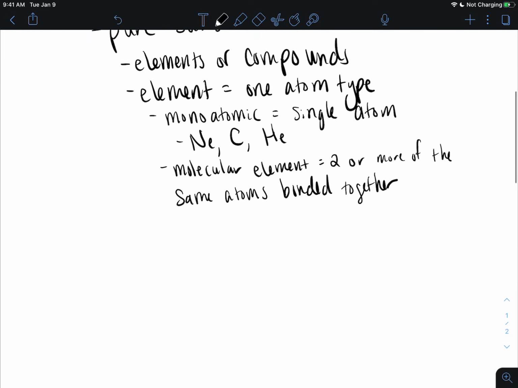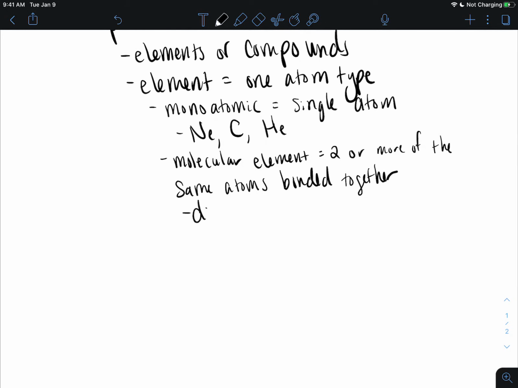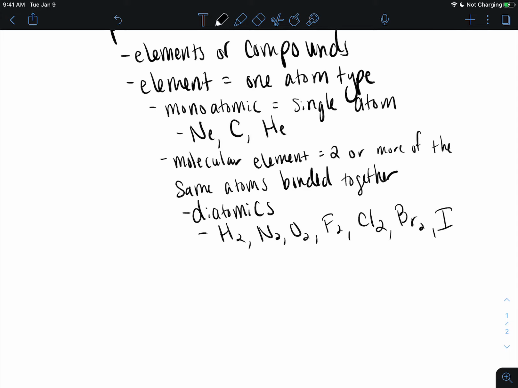So we have some diatomics, and these you should commit to memory. Our diatomic elements are elemental forms: H2, N2, O2, F2, Cl2, Br2, and I2.